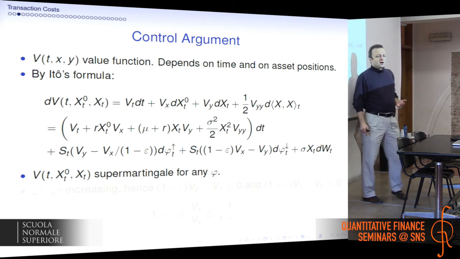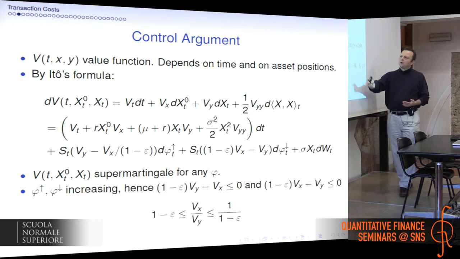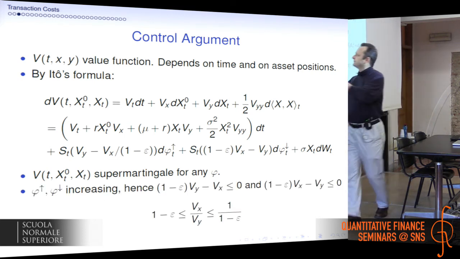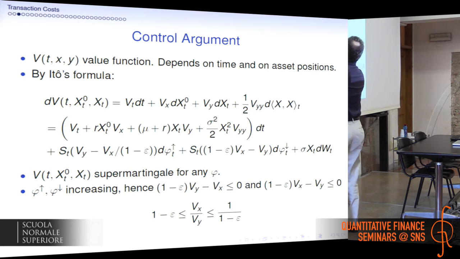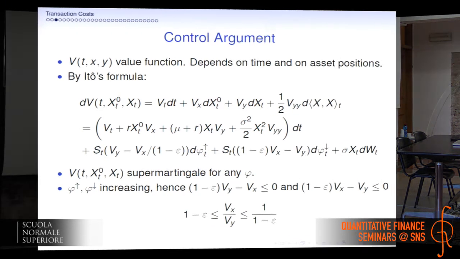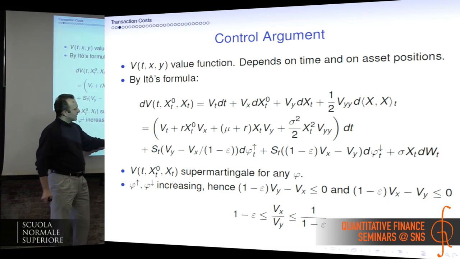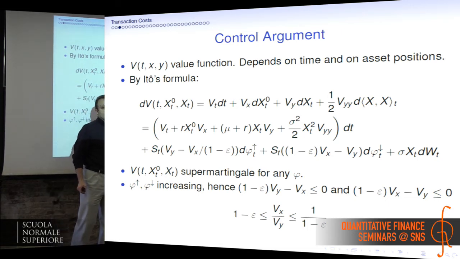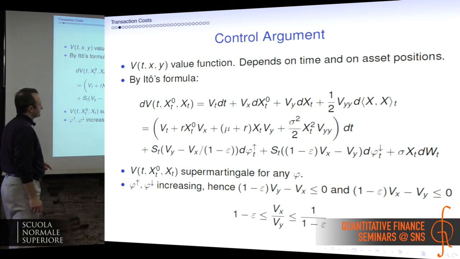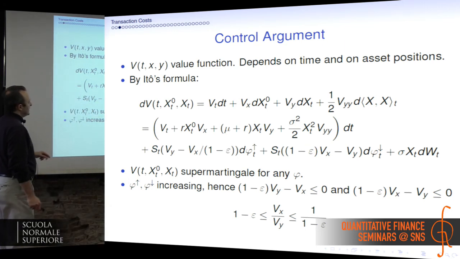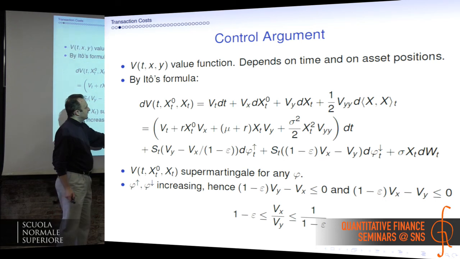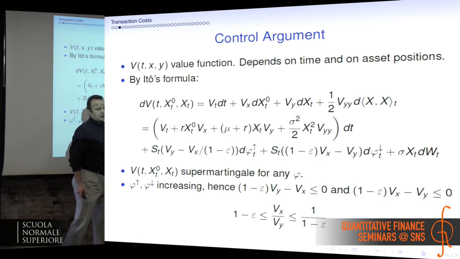So this coefficient should be less than or equal to 0, and this coefficient should be less than or equal to 0. You can write them together in a chain of two inequalities, that Vx over Vy should be between 1 minus epsilon and 1 over 1 minus epsilon. Now, that's the supermartingale condition on the two new terms.